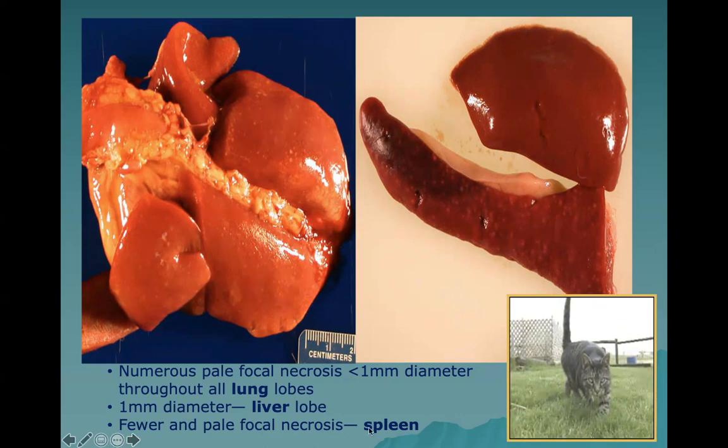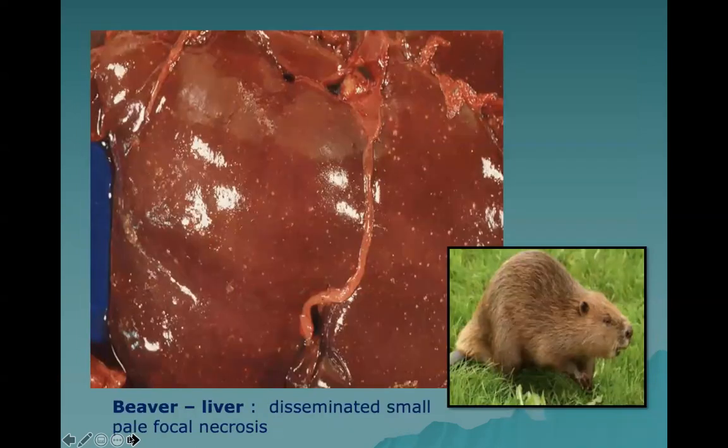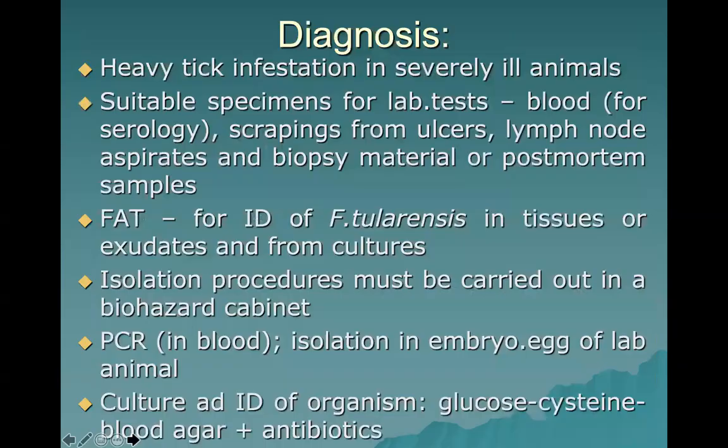And this is found in cats. This one is from a beaver liver. The liver of the animal shows disseminated small pale focal necrosis as shown in the picture.